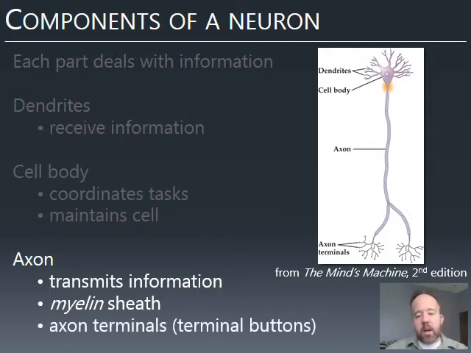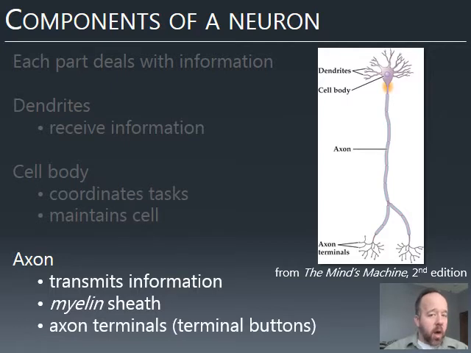And then finally, the axon ends in these little branches that you can see, and those are the axon terminals. Those are the parts of the neuron that actually connect to the dendrites of the next neuron. The axon, there's just one of them, but it can have these little branching points, these axon terminals, that can connect to a large number of other neurons.